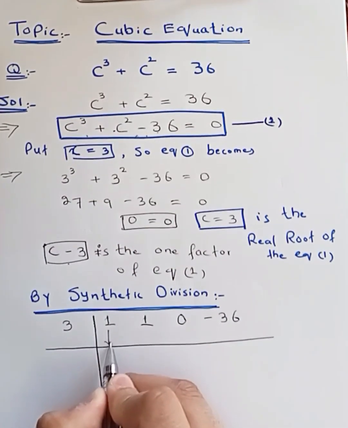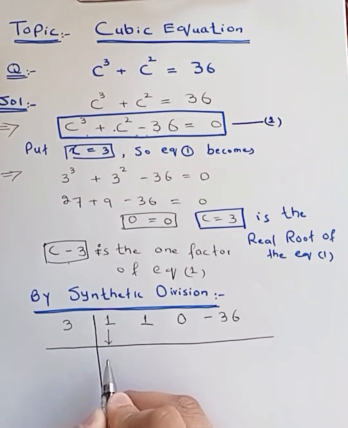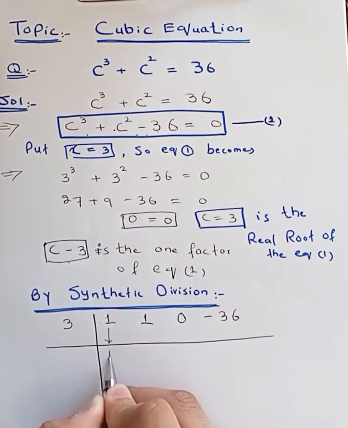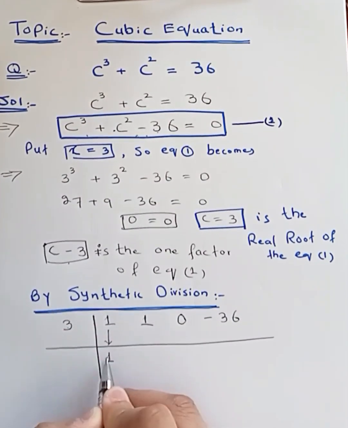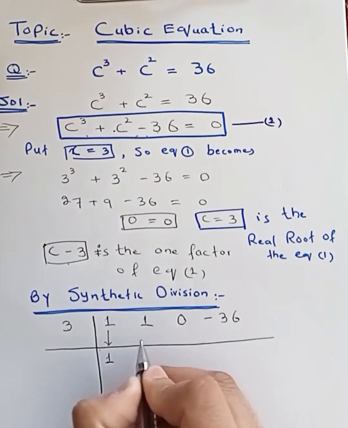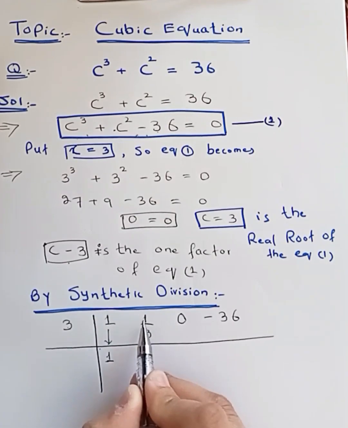First of all, we will bring down the first coefficient, so this will be 1. Now we will multiply these two numbers, 1 times 3, so we will write 3 here.